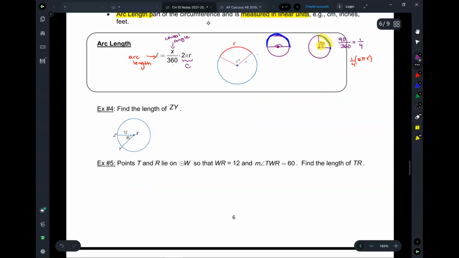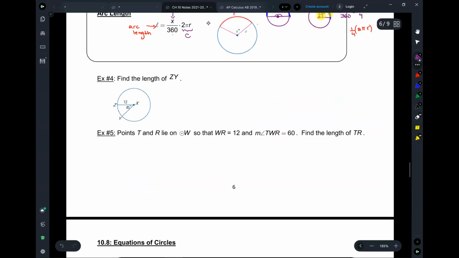All right? Okay, let's take a look at this one. We want to find the length of arc ZY. So that means we need L. L is equal to the central angle, which is 45 degrees, over 360 times the circumference, 2 pi, what's the radius? 12.